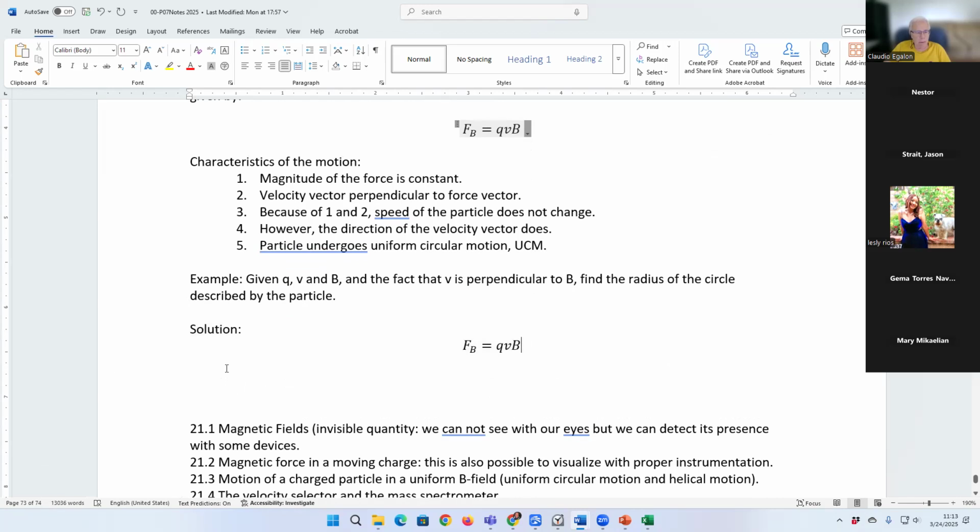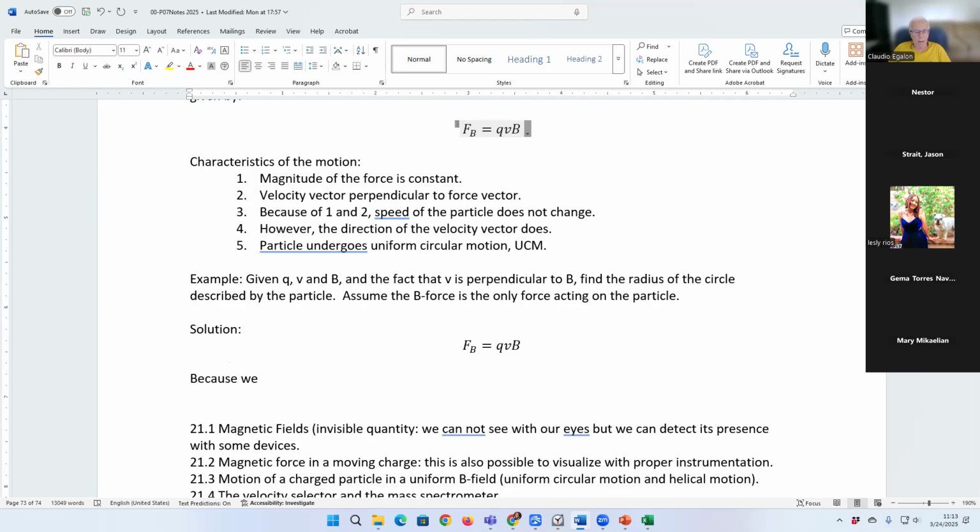Okay? And what else I have to tell you? Assume the magnetic force is the only force acting on the particle.